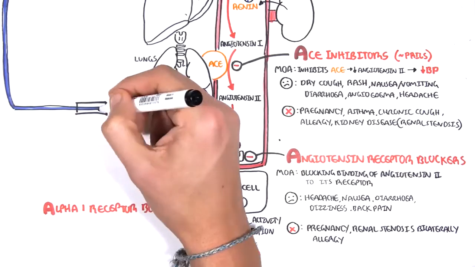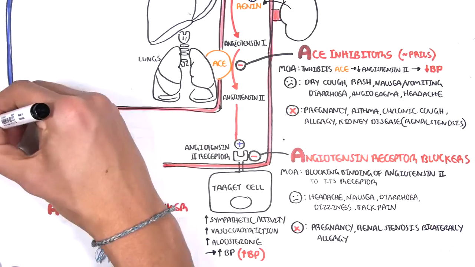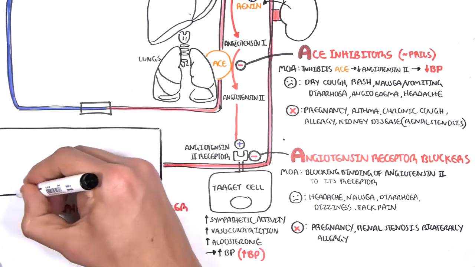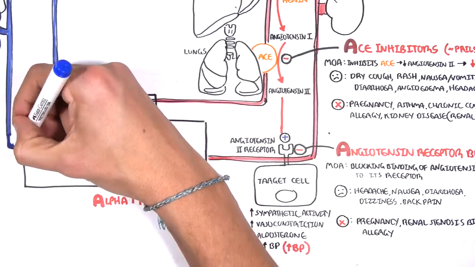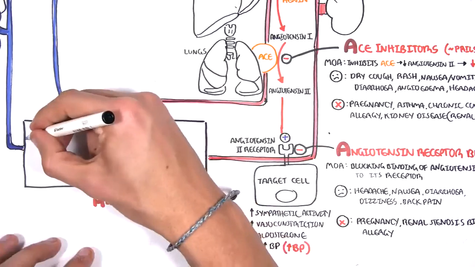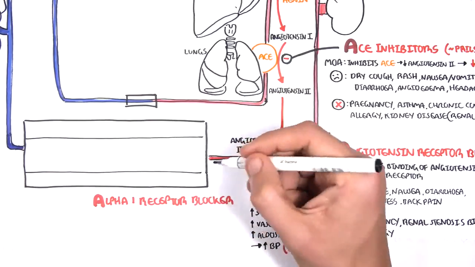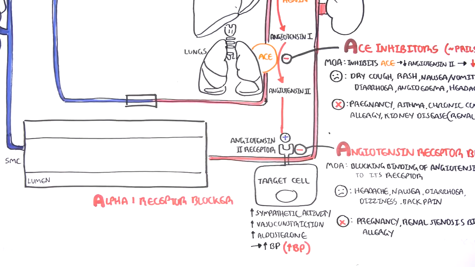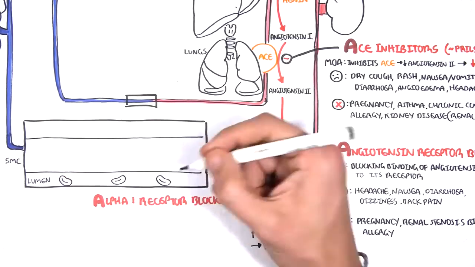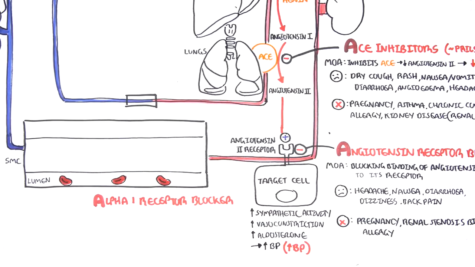Anyway, the final antihypertensives that begin with A are the alpha-1 receptor blockers. And these guys aim to work on the vessel cells. So zooming into the blood vessels, here is the lumen of the blood vessel, and surrounding the lumen are the endothelial cells and the smooth muscle cells.